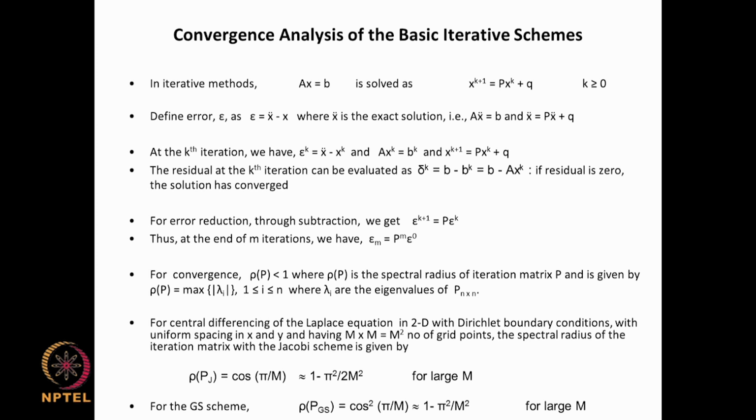So we have something called the spectral radius of the iteration matrix P, and the spectral radius is the largest eigenvalue. Given that we are dealing with A which has real coefficients and no imaginary coefficients, we expect the eigenvalues of P to be real.